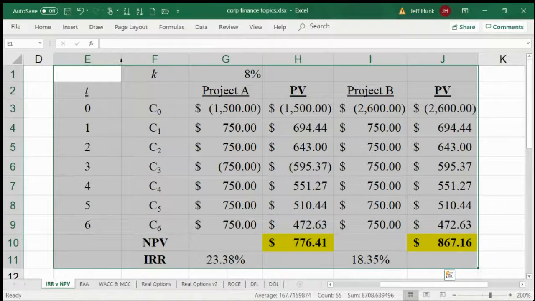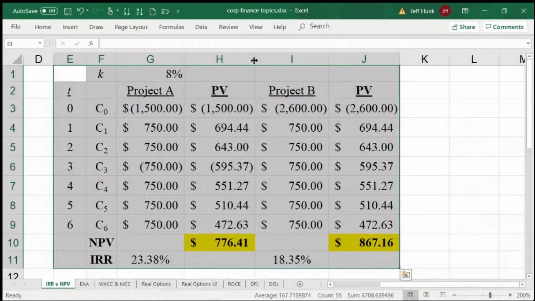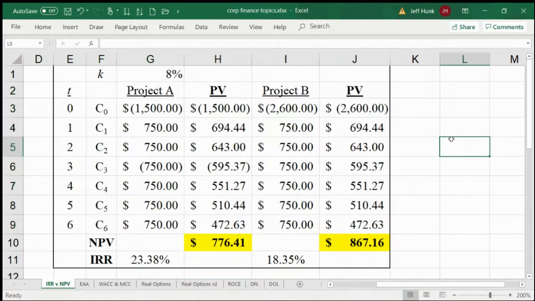And then I want to double click on the column width so that there will be nothing unnecessary.